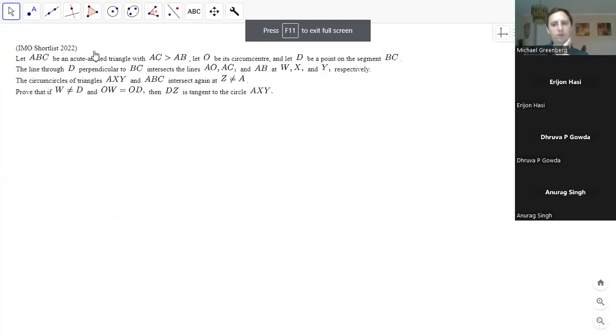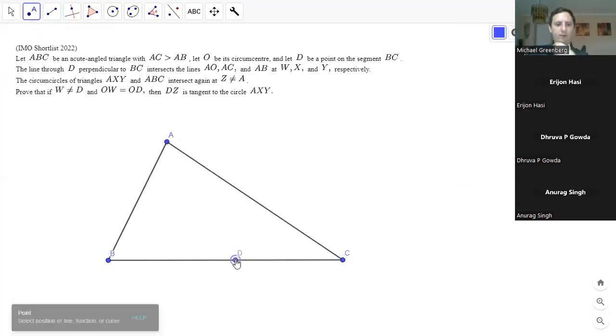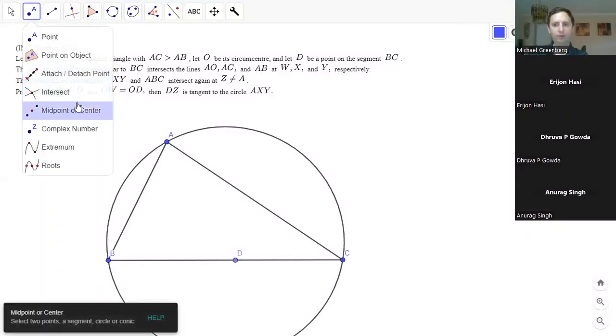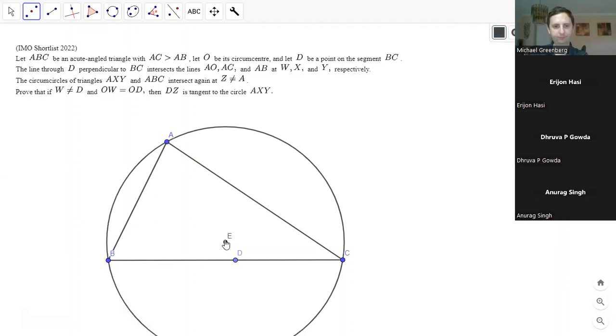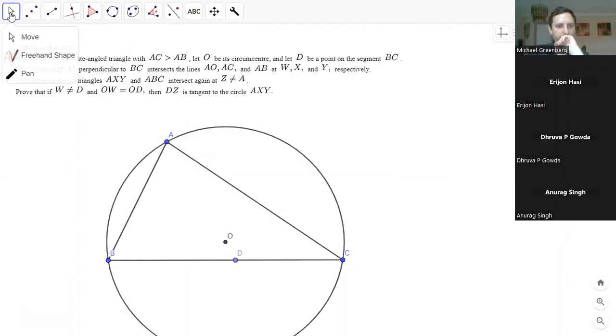We have a triangle, and O is the circumcenter, and then we take any point D on BC. This one doesn't look that hard either. Then we take the line through D perpendicular to BC, and we want to see where it intersects AO, AC, and AB.